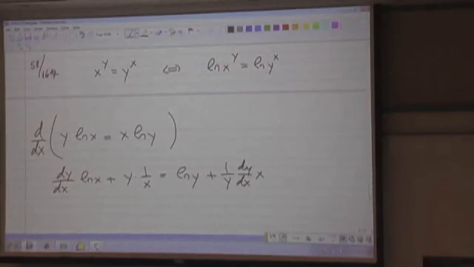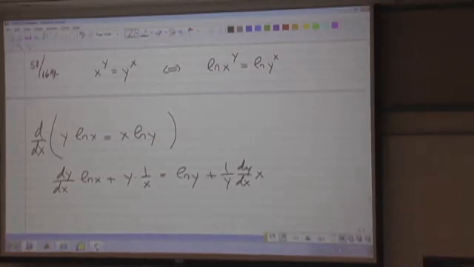And then both sides are products of two functions, so you have to apply the product rule both sides. Can you solve for dy over dx here? Yes? Wonderful. Okay, what else?